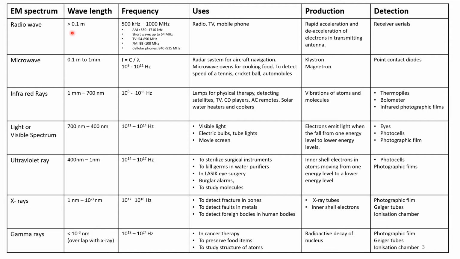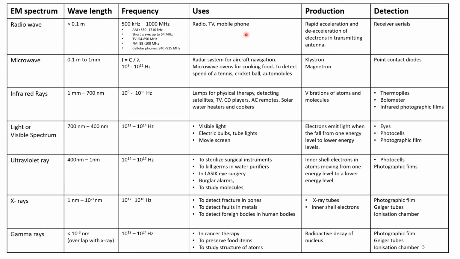It has a wavelength of greater than 0.1 meter and its frequency range is 500 kilohertz to 1000 megahertz. There are different wave bands within this group of frequencies. These details we will discuss in the communication chapter. The use of radio wave is in radio, TV and mobile phone.